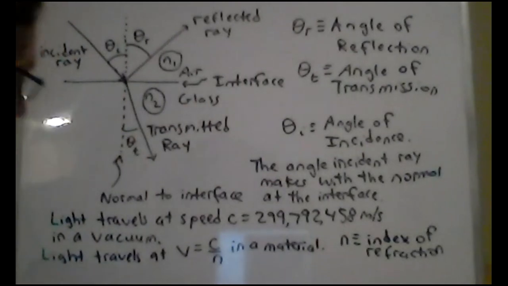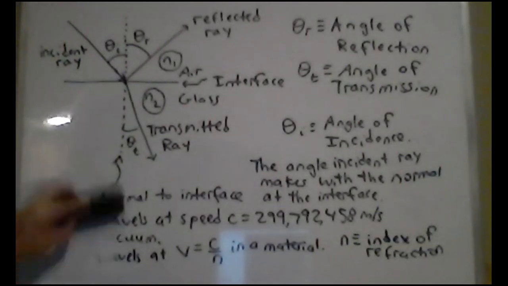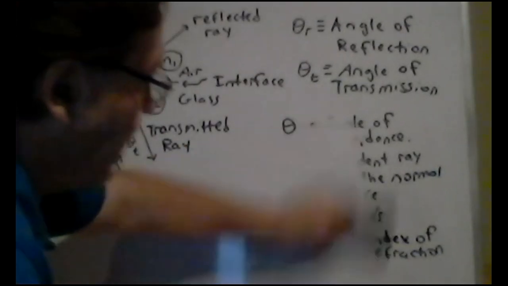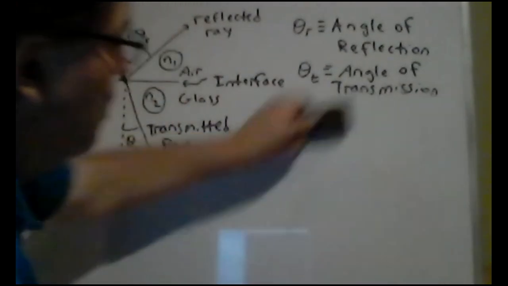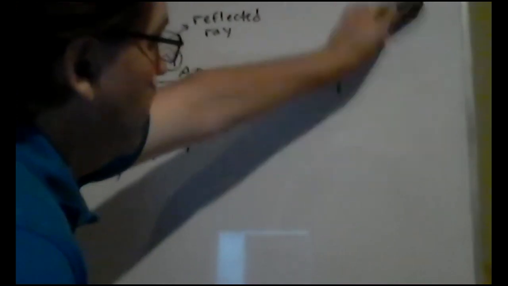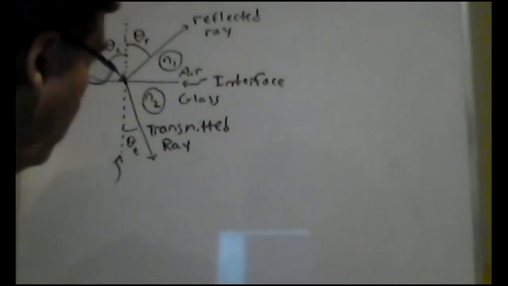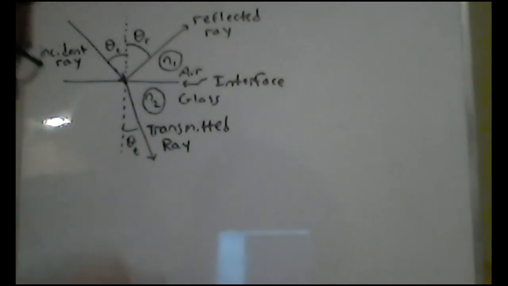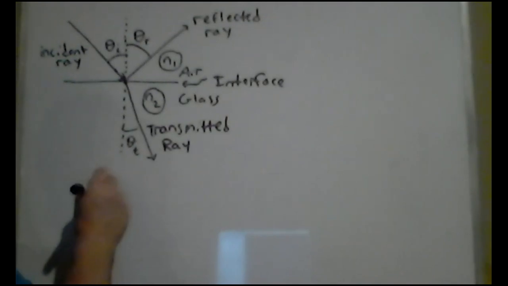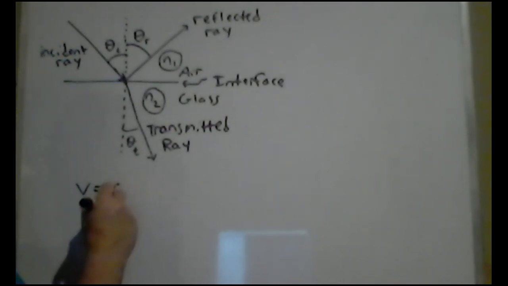Now, as far as index of refraction is concerned, a vacuum is pretty much 1.0. So we imagine an index of refraction in a vacuum. So again, as I said, the speed of light in a material is the speed of light in a vacuum divided by n, the index of refraction, right?